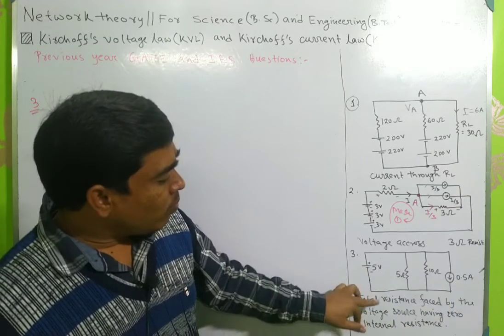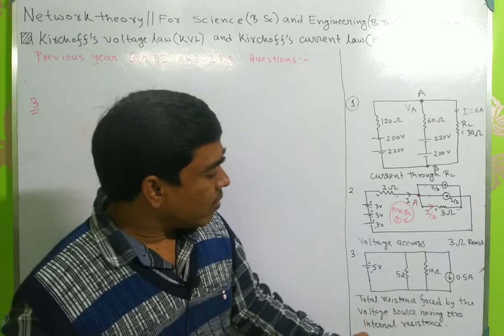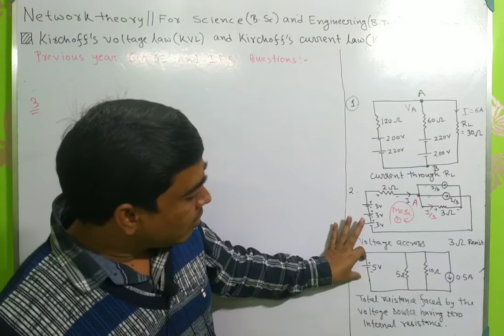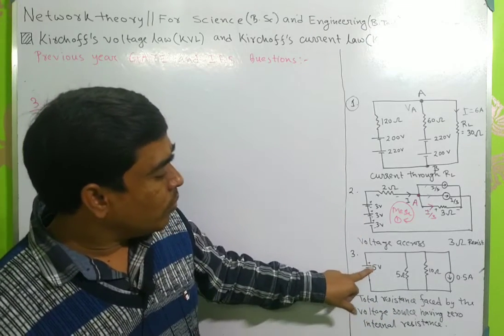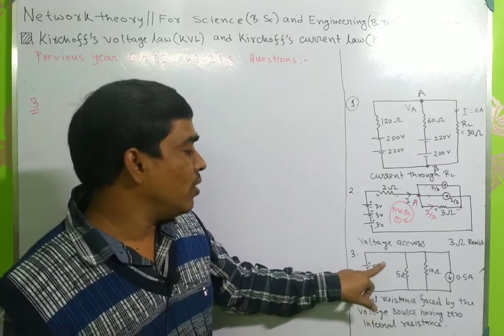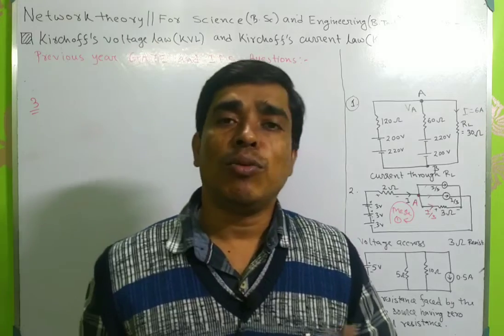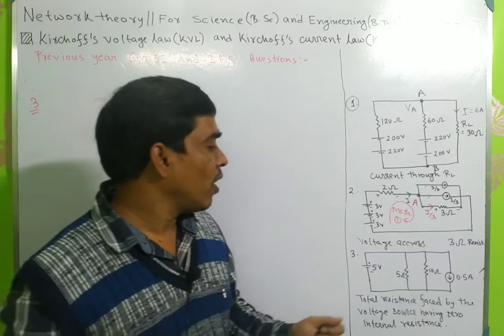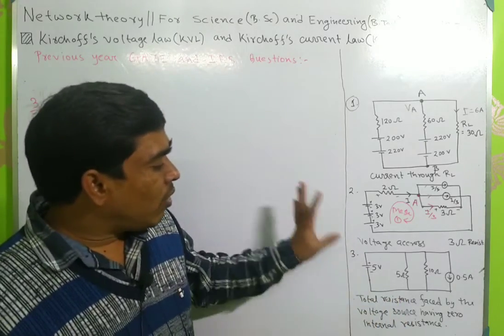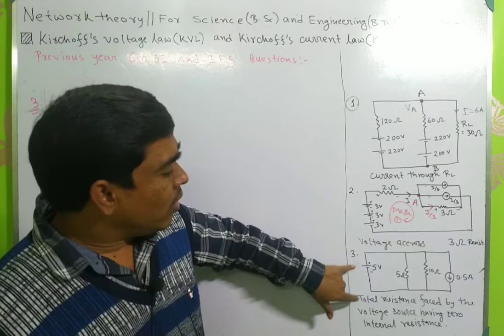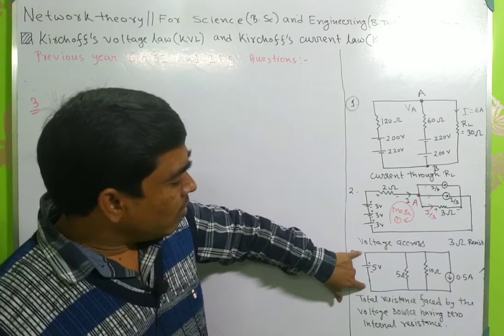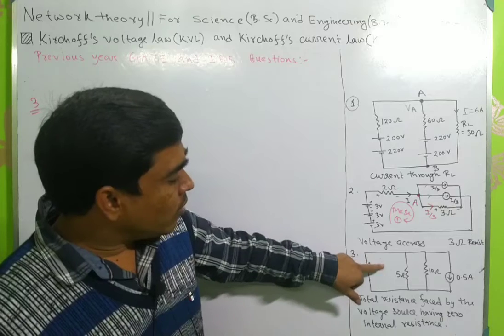So you have to calculate the total resistance faced by this voltage source, which has internal resistance 0. You have to calculate the resistance faced by this voltage source.